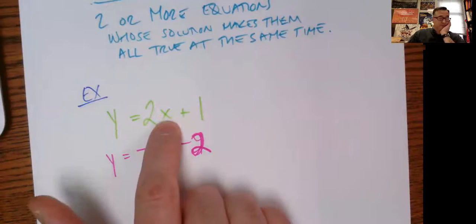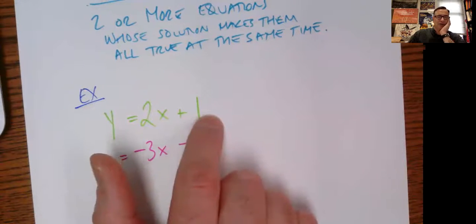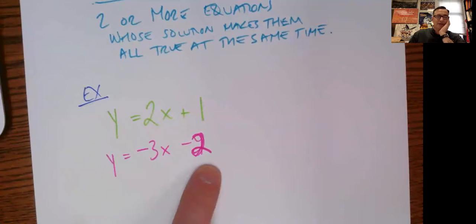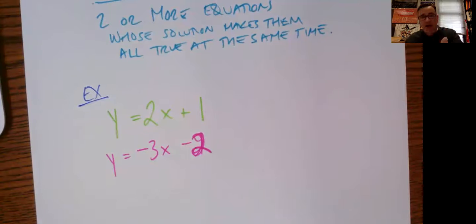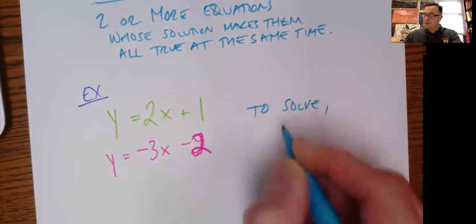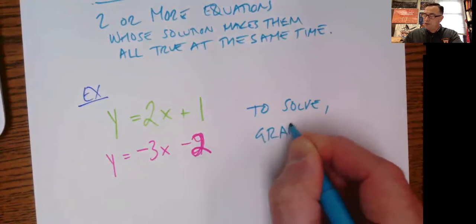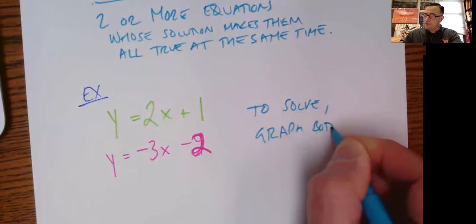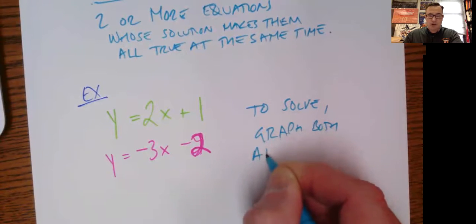2x plus 1, I got a whole lot of possible answers. Negative 3x minus 2, I got a whole number of possible answers. If I want to find the one solution that makes them both true at the same time, then my easiest way of finding a solution is to graph them both and see where they cross.